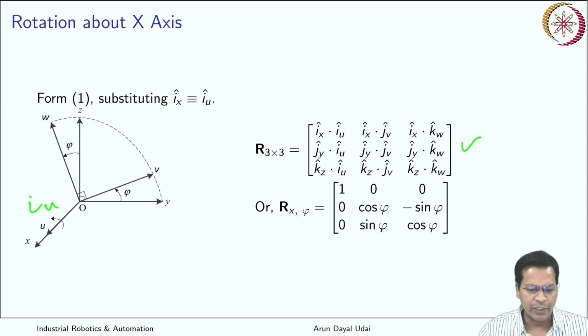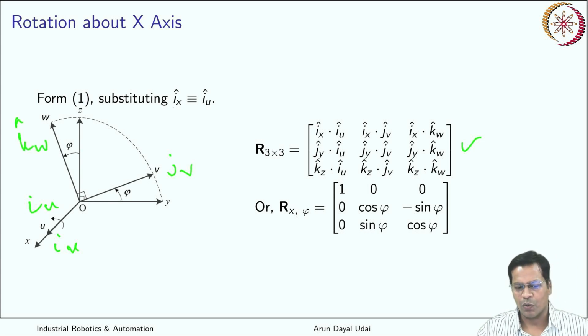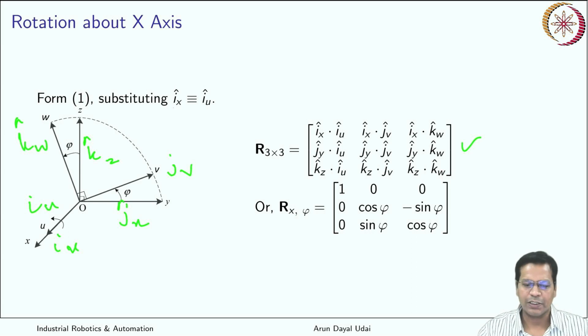IU is aligned with IX, whereas JV has changed and come to a new location. Similarly, KW has changed and come to a new location. IX, JY and KZ are wherever they were, in the same location.